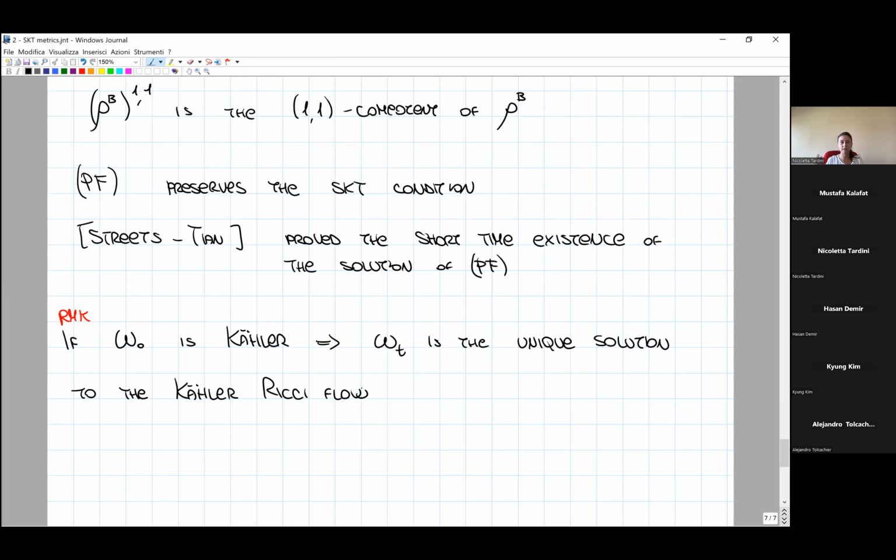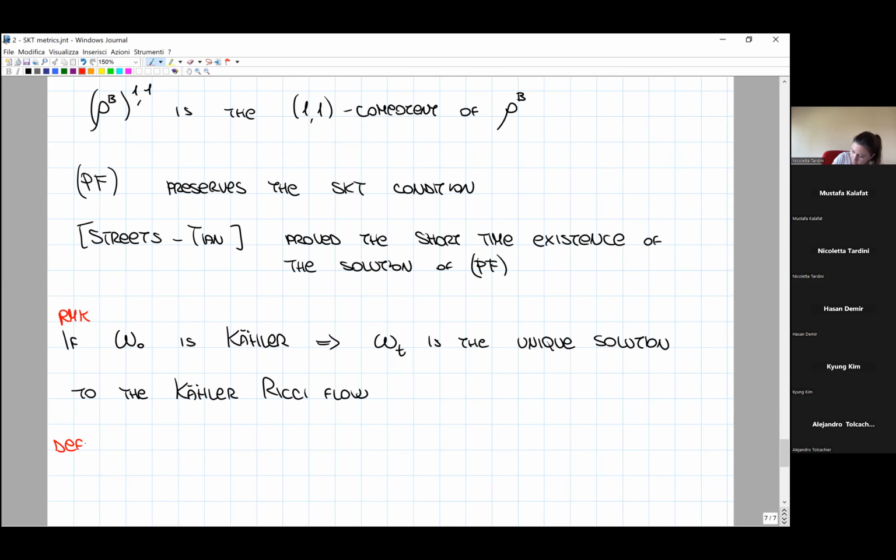Okay, to the standard Kähler-Ricci flow. But in general, you can start this flow with a metric that is non-Kähler. However, the equation of the pluriclosed flow. And let's define an Einstein-like condition for the SKT metric.